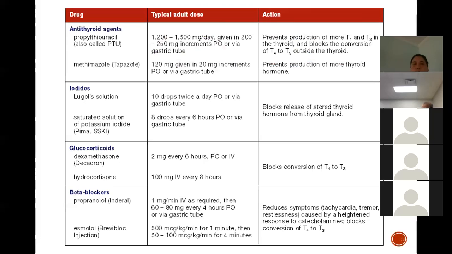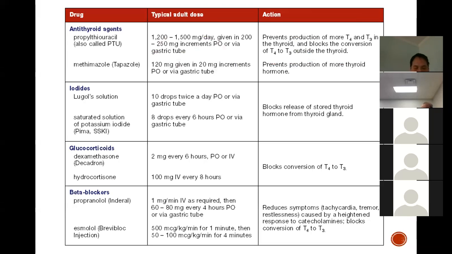But the main reason that PTU is not used is it has a much higher risk of liver failure and death related to that than methimazole. So PTU does have a black box warning, except that it is used in our teenagers with Graves' disease in that first trimester. The boards love that question for whatever reason.